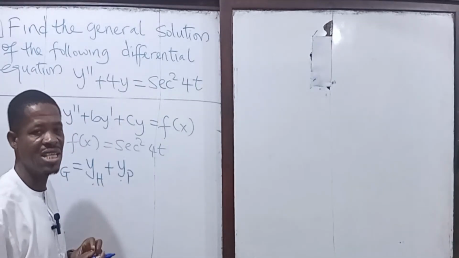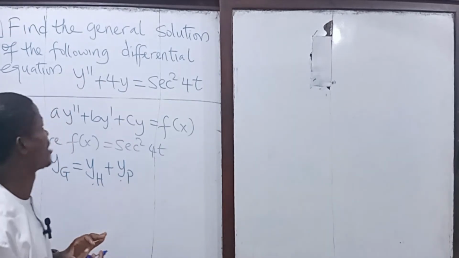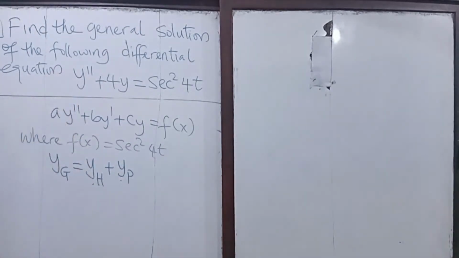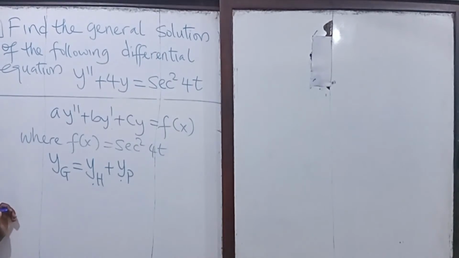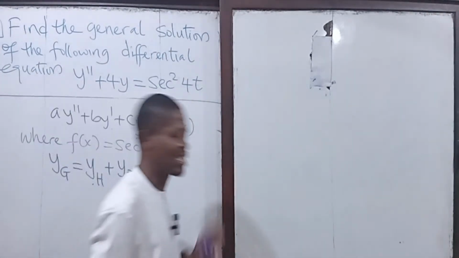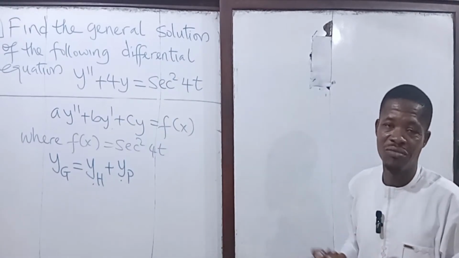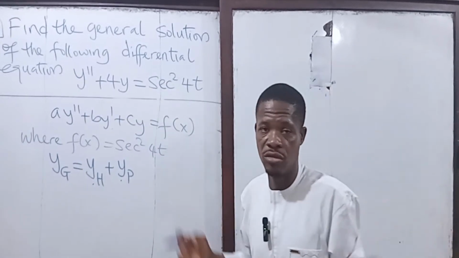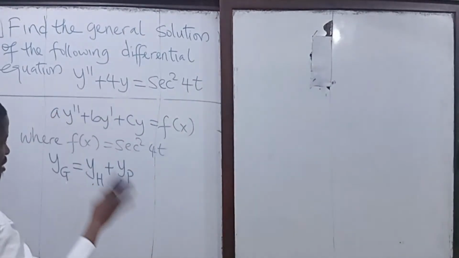That's the best way to solve it. And actually, we are told to use variation of parameters. In this question they didn't say that, but undetermined coefficients cannot handle sec squared of the function. If you try it, it's going to waste your time and be too cumbersome. The faster approach is to use variation of parameters.